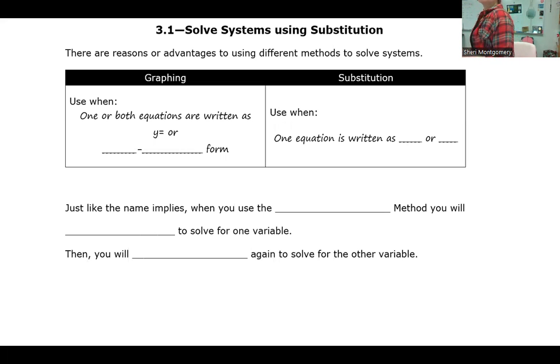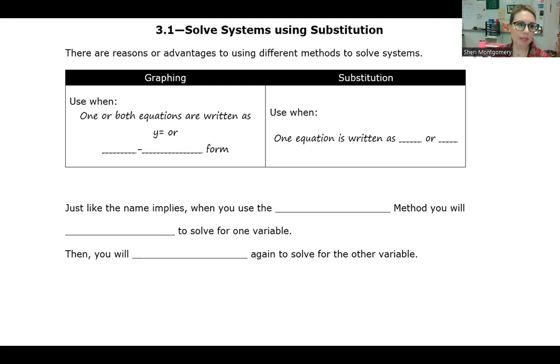So now what we're going to do is find the solution, but not graphically. We're going to show it algebraically. There are some reasons why I would show you different methods, because sometimes you get a system of equations and they're written in different ways. So it is in your best interest to graph if you already have one or both equations in y equals form.